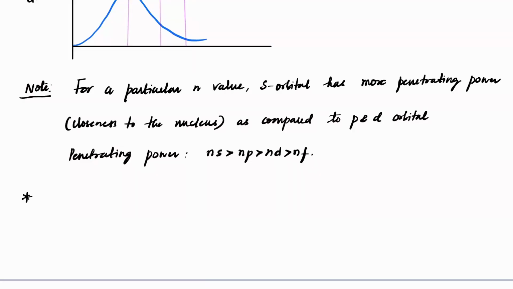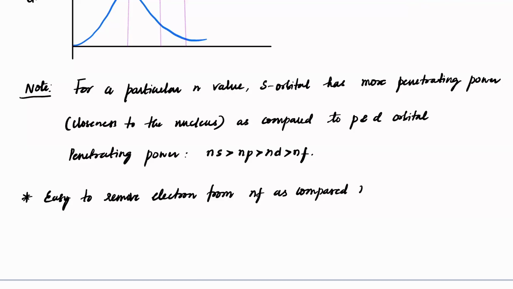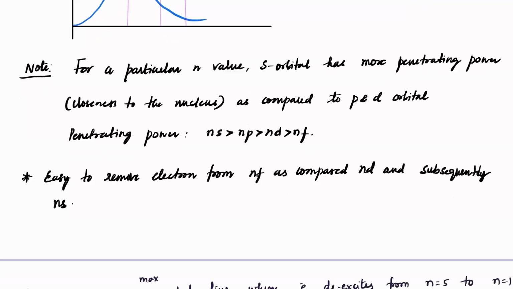That's why it's easy to remove an electron from nf as compared to nd, and subsequently ns.